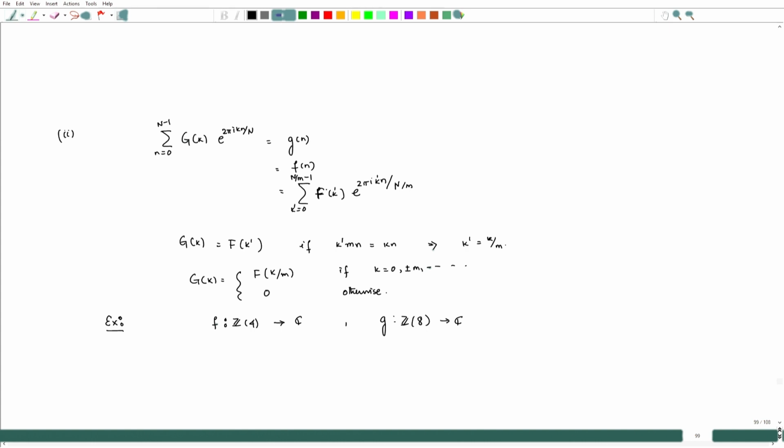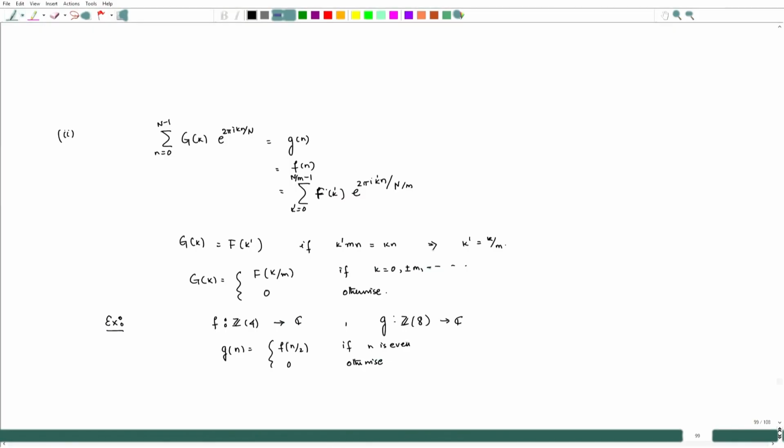Now, I define g of n equal to f of n by 2 if n is even, and 0 otherwise, because 8 is 2 times 4. So, our m prime is 4 and m is 2.